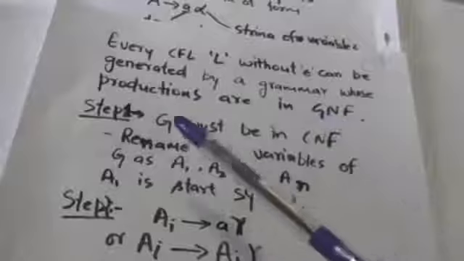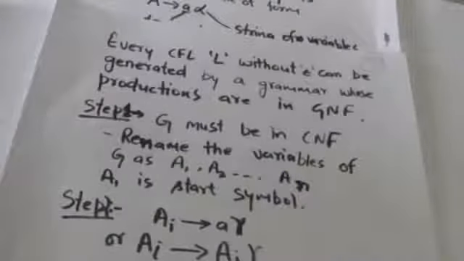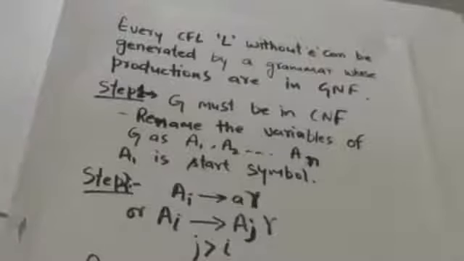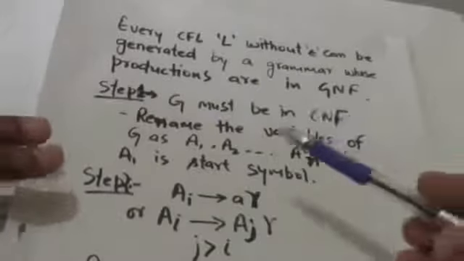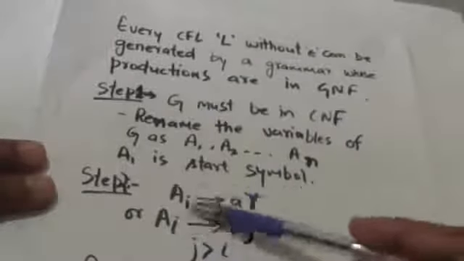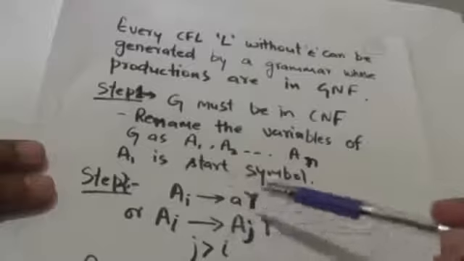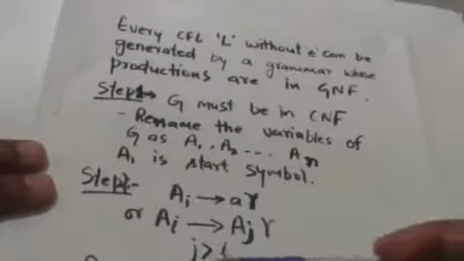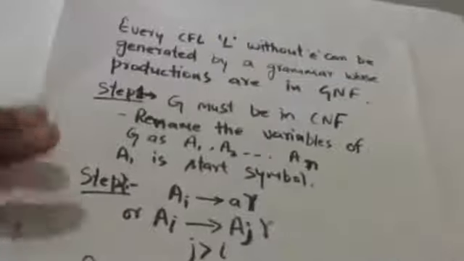And A1 will be the start symbol. After renaming the variables of grammar G, modify the grammar G in such a way that each production is either of the form Ai derives a gamma or of the form Ai derives Aj gamma, where j is greater than i.